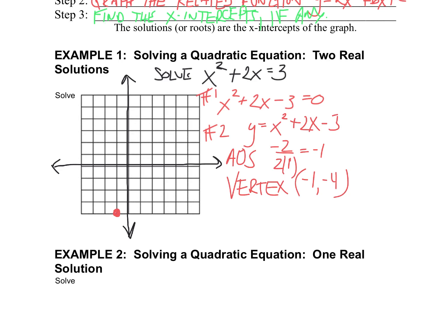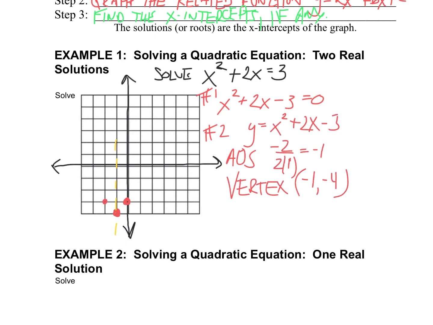We also know that within standard form, the y-intercept is the c value. I'm just going to draw this axis of symmetry to remind ourselves that that's where this vertex would be sitting, because of the axis of symmetry and negative b over 2a. Because of the axis of symmetry, I also know this point will be sitting here.